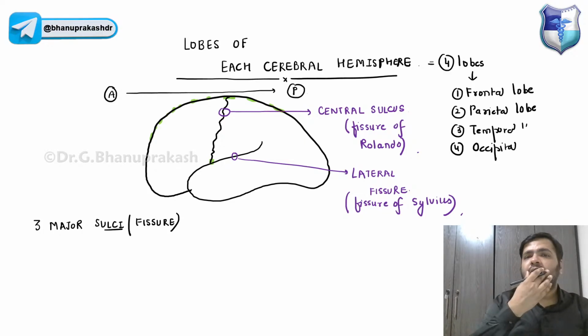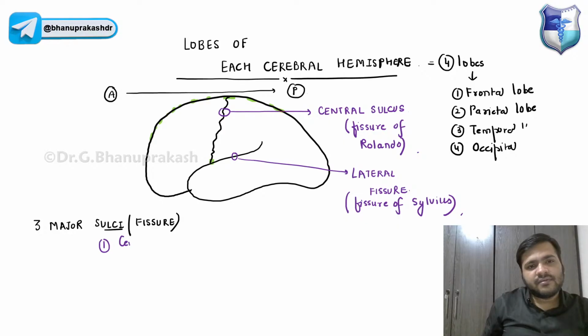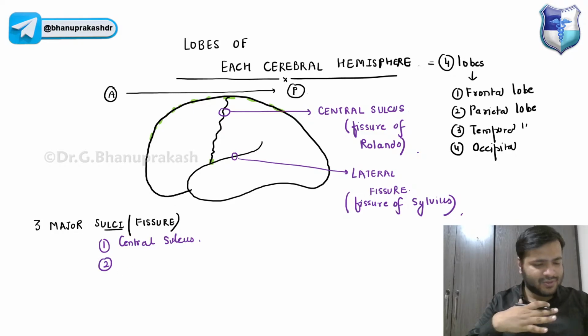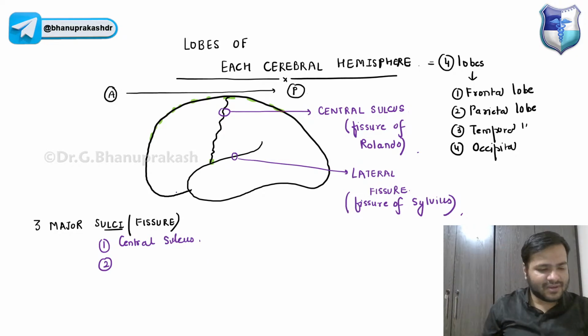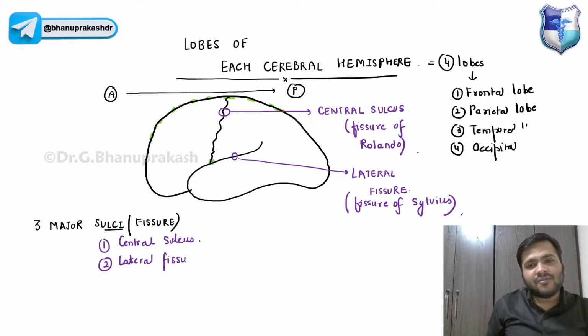Okay, so let us first talk about the central sulcus, guys. You already know we have the central sulcus. Now we have this lateral fissure, or the fissure of Sylvius.